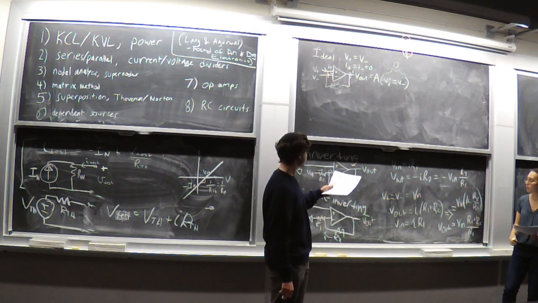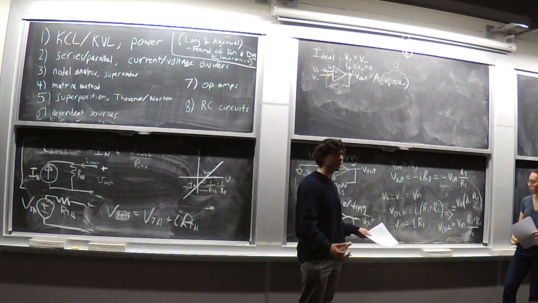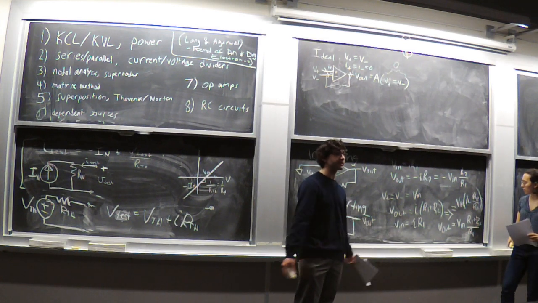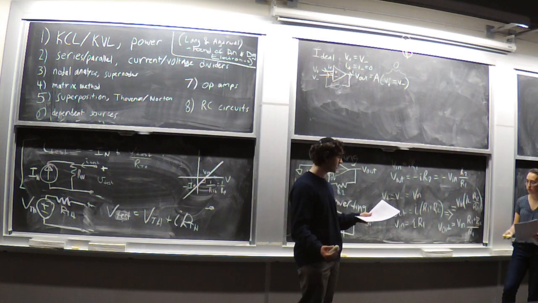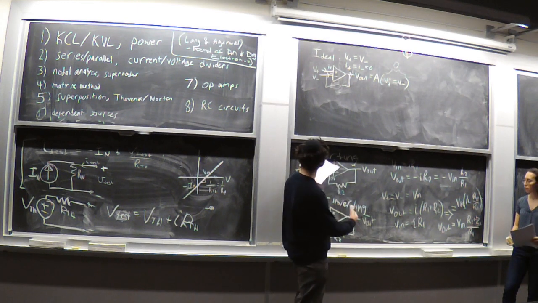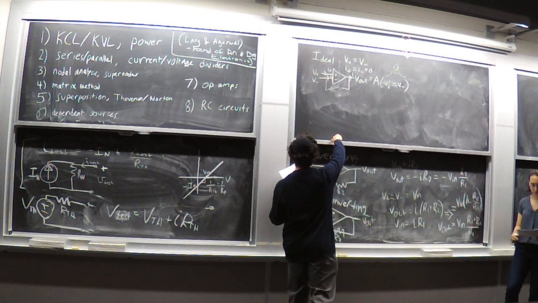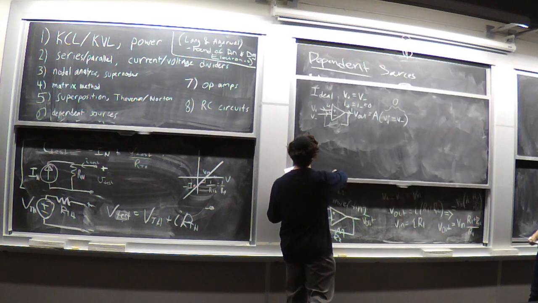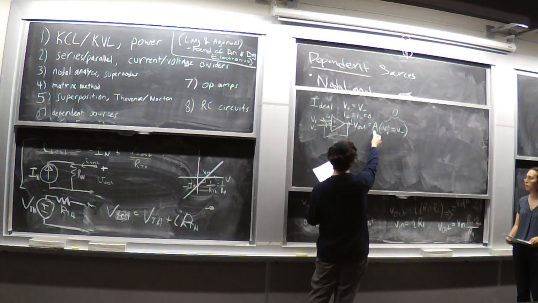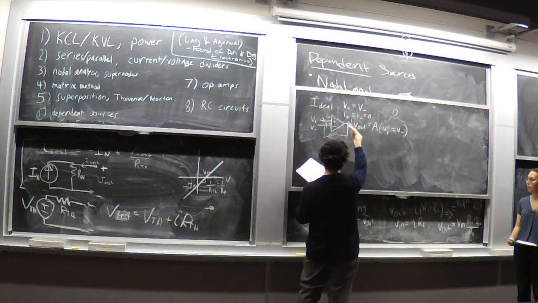So one thing to note is that sometimes instead of using the ideal op-amp assumptions, we might give a more realistic model for how to think about an op-amp. An op-amp is inherently a perfect example of a dependent source, because V out is some linear scaling of these two inputs.